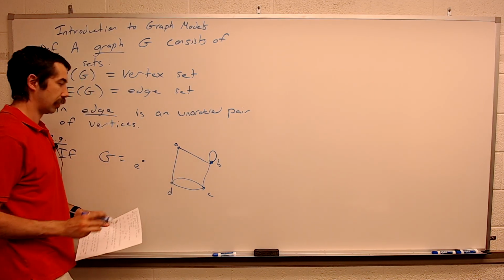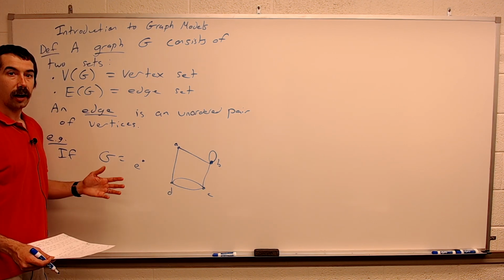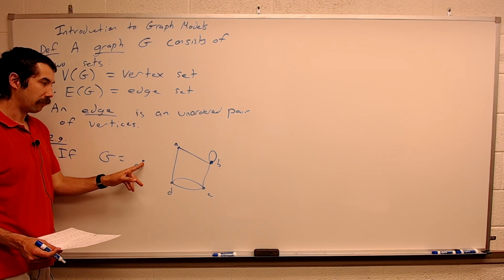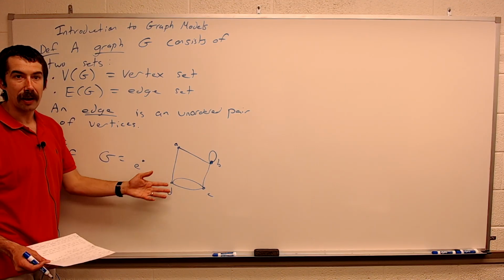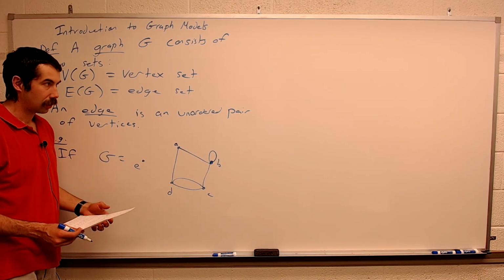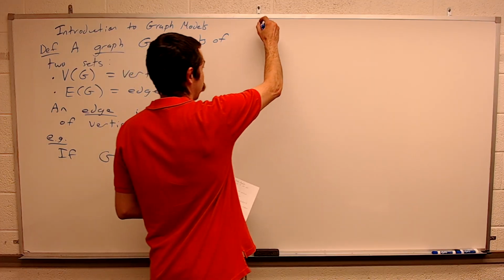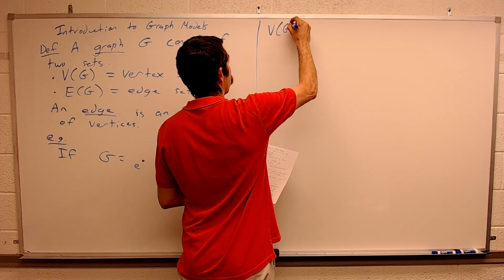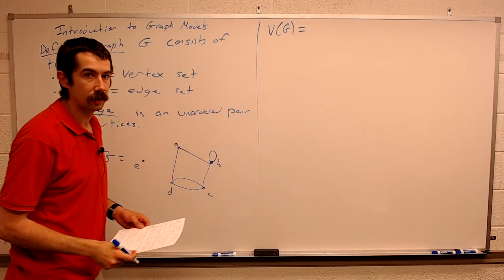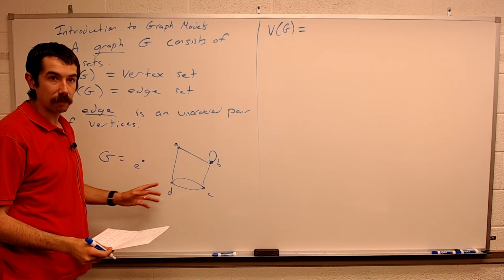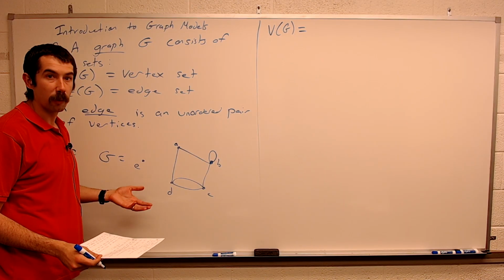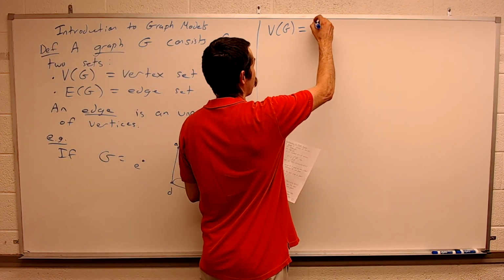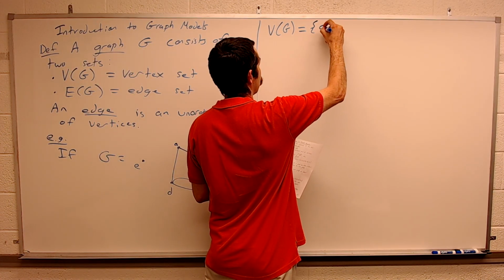And ta-da. All right, so if this is our graph, we have a set of vertices, and there's some edges connecting some of the vertices. In this case, our vertex set is just A through E. It's just the set of points. So our vertex set basically represents these labels of our vertices.